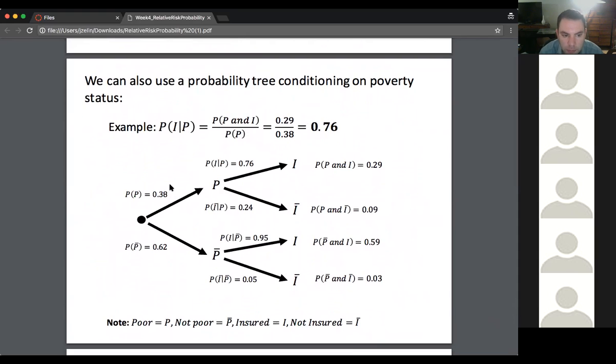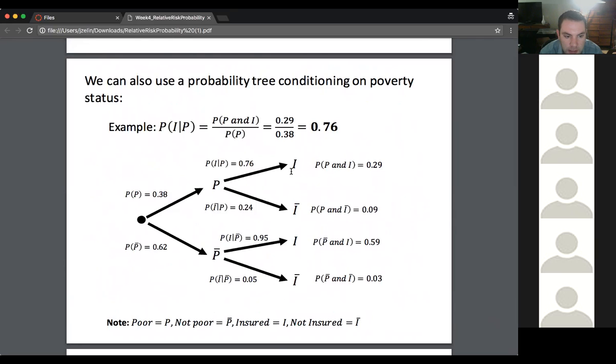So we can also use a probability tree. In this case, we're looking at the probability of being insured given that you're poor. Since it's conditioning on being poor, on the first branch of the probability tree we go with the probability of being poor, 0.38. We're going to go up here. And then given that you're poor, we look at the probability of being insured.